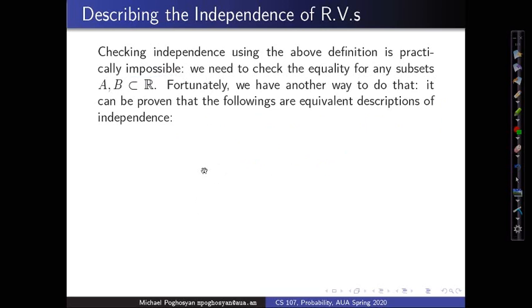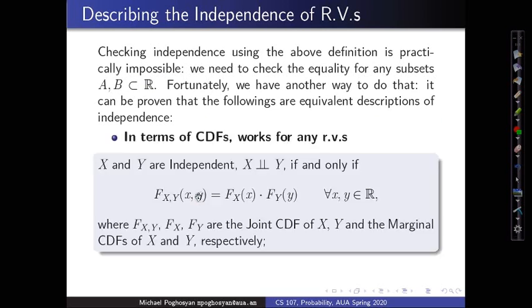Fortunately we have another way to do that. We can use the following equivalent forms or descriptions of independence. The first one is in terms of CDF, and this method works for any random variables, continuous, discrete, even singular ones. X and Y are independent if and only if their joint CDF is the product of marginal CDFs for any x and y.